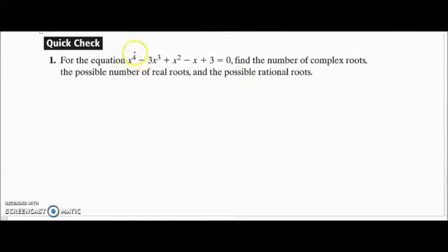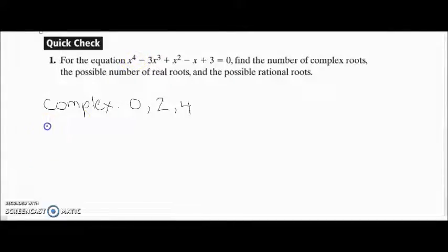Because this is a 4th degree, the complex roots, so remember I said that they come in pairs, so there's either going to be 0 complex roots, there's going to be 2 complex roots, or there's going to be 4. And there can be up to 4 because this n, the biggest exponent, is 4.